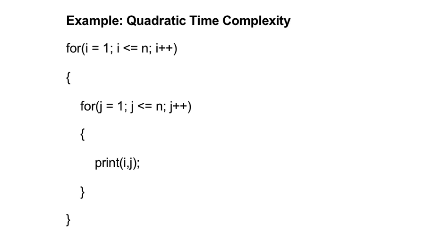In this program we use two loops. How many loops are there? Two. Each loop runs n times, so total executions are n into n. That means n square. So the time complexity is order of n square. This is called quadratic time complexity.